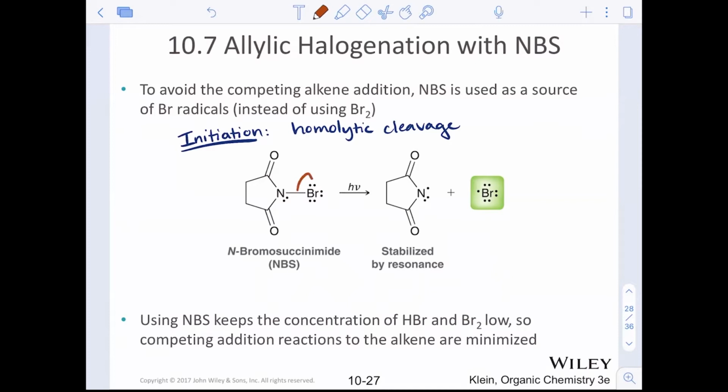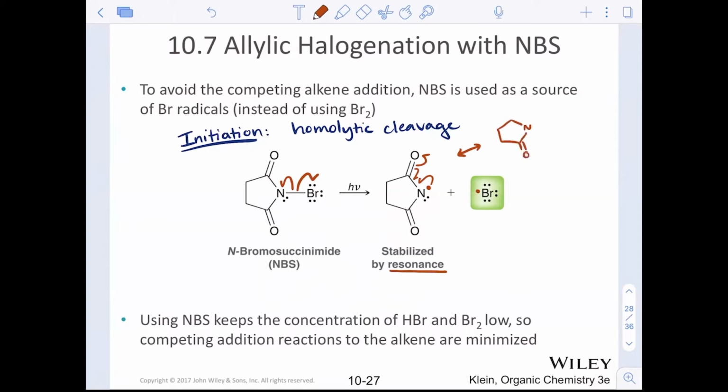So what would happen is a homolytic cleavage of that NBr bond. Notice we have a nitrogen radical and a bromine radical. The nitrogen radical is relatively unreactive here. It will not be doing any of the hydrogen abstractions because it is more stabilized. Why? There's resonance there. If we want to imagine what that resonance looks like, one of the pi bonds from the carbonyl can do resonance with that nitrogen radical.